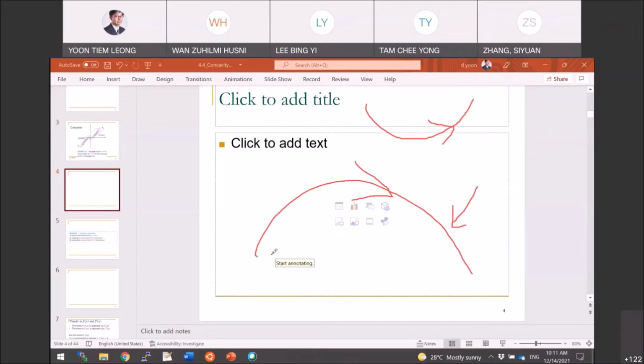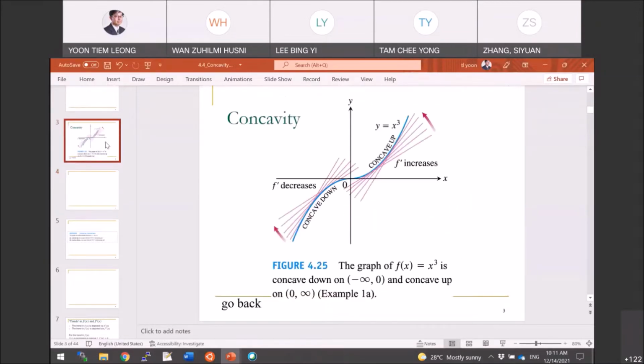I would like to remind you that the concavity has nothing to do with the trend of going up or going down. This is very similar to the situation of velocity and acceleration. You remember in your ZCA 101, you could have an object moving with a positive velocity, but its acceleration could be negative or positive.